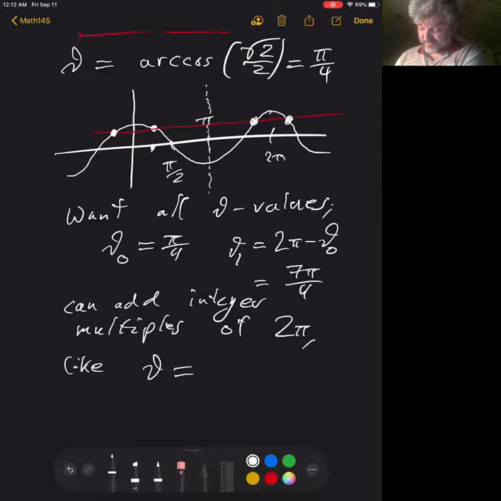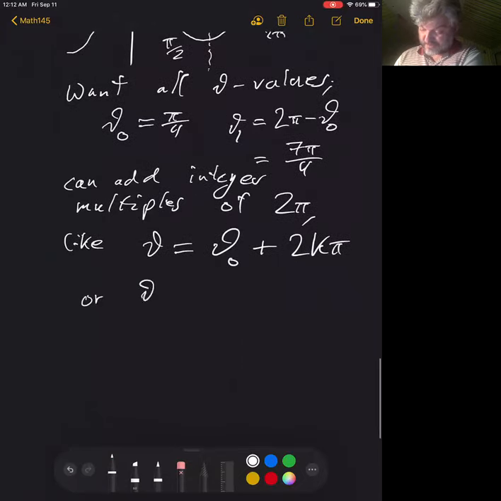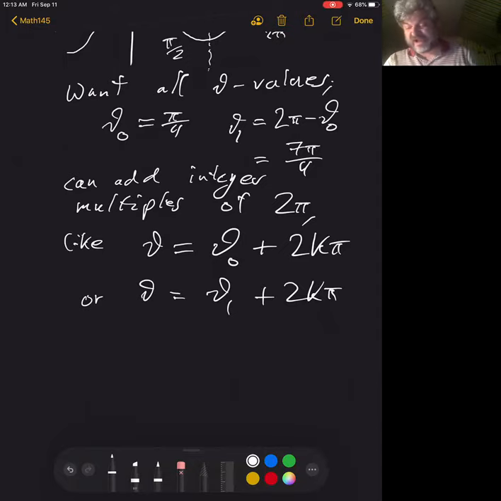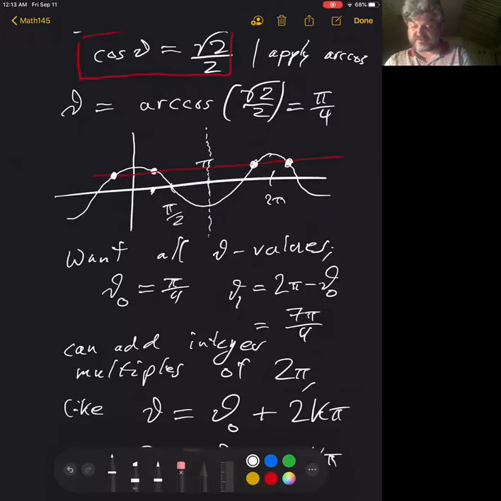So theta has to be theta 0 plus 2k pi, and k is an integer, or theta is theta 1 plus 2k pi. And I calculated theta 0, and I've calculated theta 1. I didn't write in the values here. I wrote theta 0, theta 1, because the same thing is happening with almost every value of your cosine, that you've got two different angles in this interval from 0 to 2 pi.